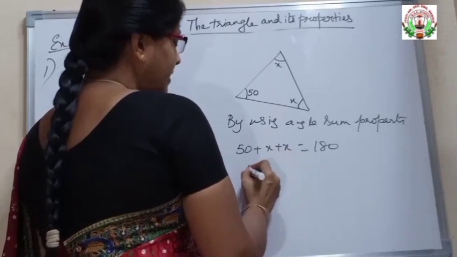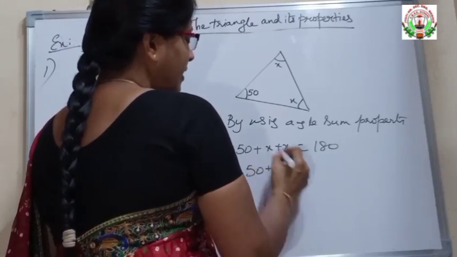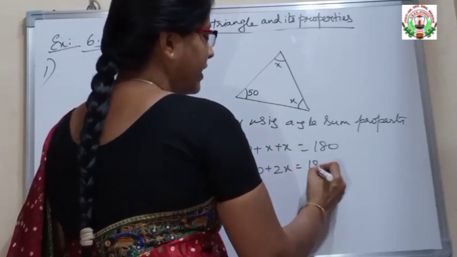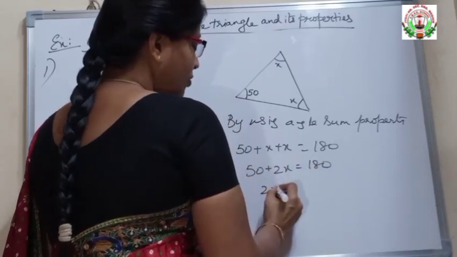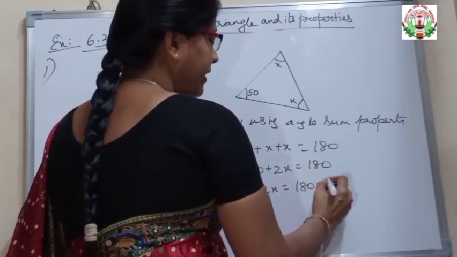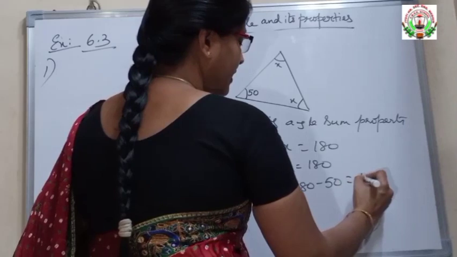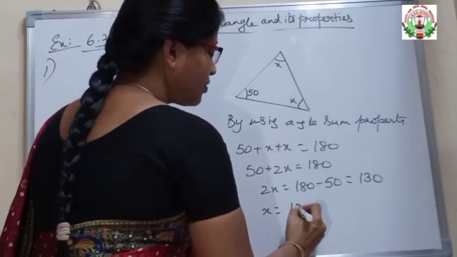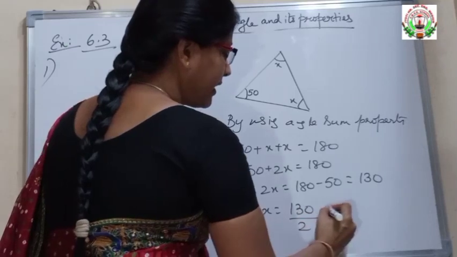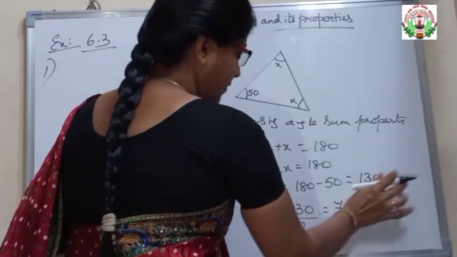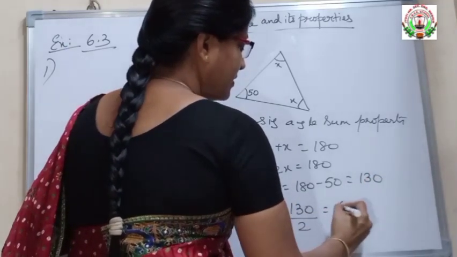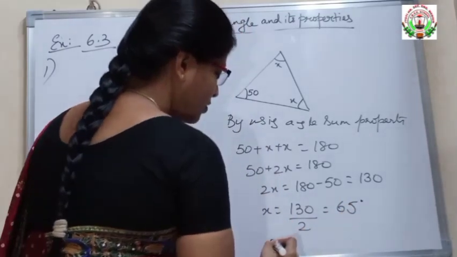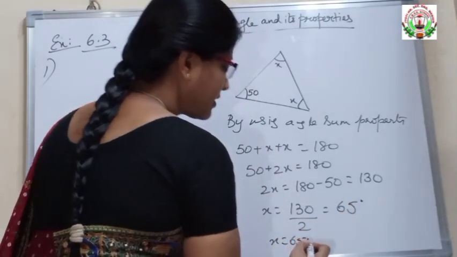X plus x is 2x, so 2x is 180. 2x is equal to 180 minus 50, that is 130. So x is equal to 130 divided by 2, that is 65 degrees. So x is equal to 65 degrees.